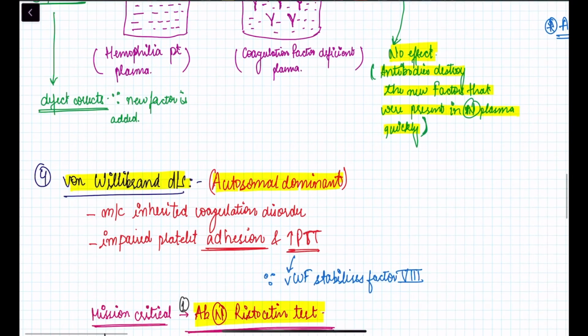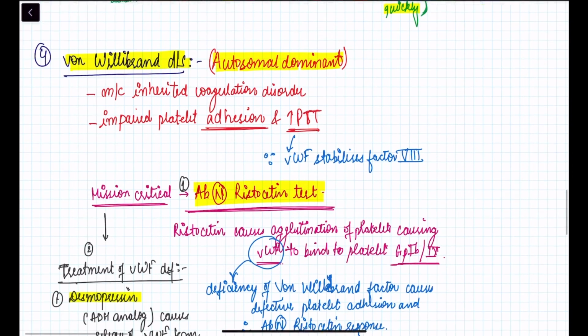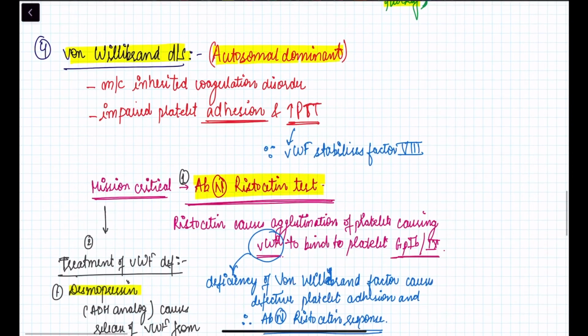Extremely important. Now, the most common inherited coagulation disorder, von Willebrand's disease. This is autosomal dominant. Now, the general schema of genetic disorders is that if there is an enzyme deficiency, it's generally autosomal recessive.